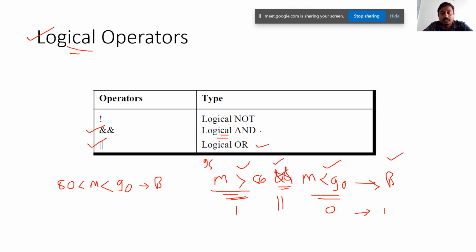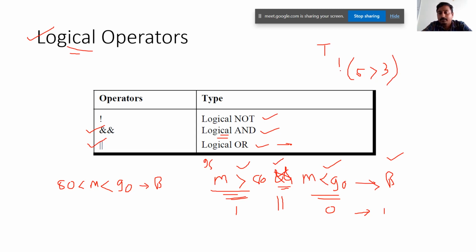So in logical AND, all the conditions should be true, then only the result will be true. In logical OR, if all the conditions are false, then only the result will be false. And logical NOT, it acts like a negation. Consider 5 greater than 3, this is true, right?